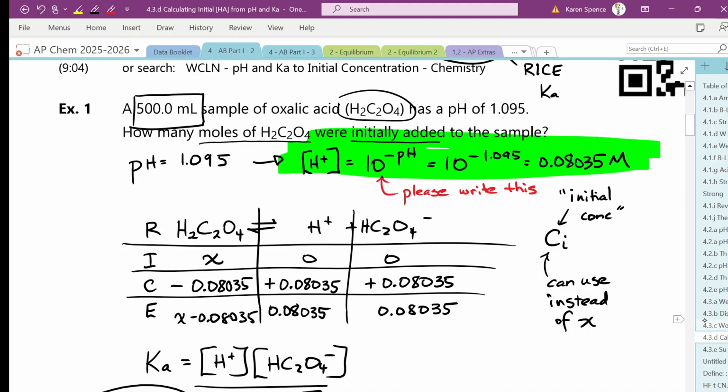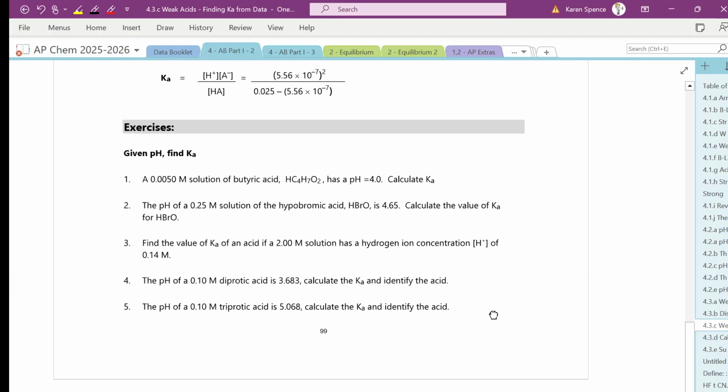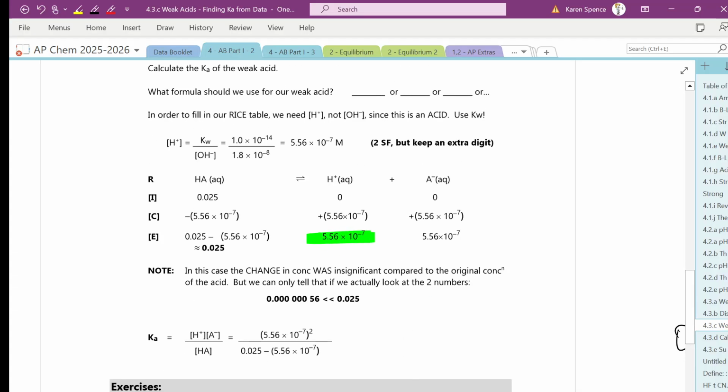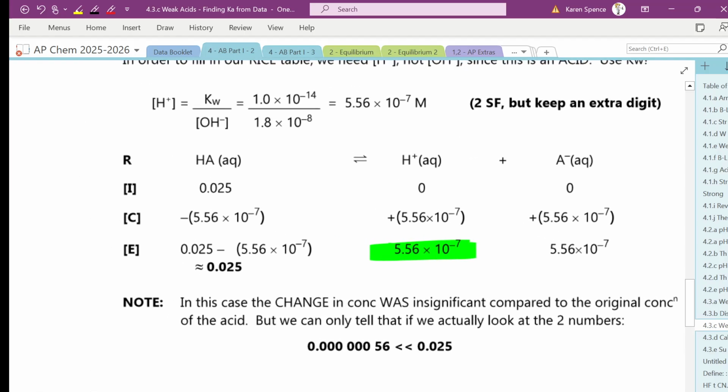Okay. And what else you missed is finding the Ka given a hydrogen ion concentration or hydroxide ion concentration and an initial acid quantity. But this is just like Keq, right? Like I give you an equilibrium value for one of them, I give you an initial value for one of them, and then the one you just showed, you need to use logs. So I could give you the concentration of hydrogen here, or I could give you a concentration of hydroxide and you would need to use Kw to find hydrogen. I could give you a pH and you'd need to use that to find the hydrogen. Okay?